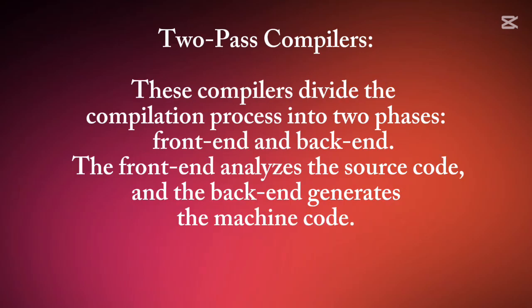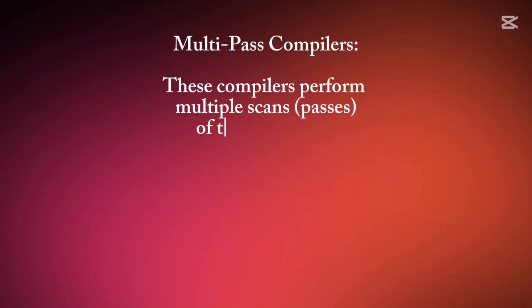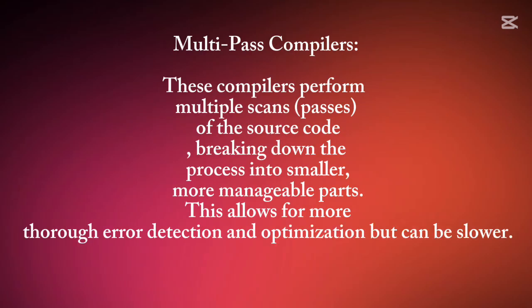These compilers divide the compilation process into two phases: front-end and back-end. The front-end analyzes the source code, and the back-end generates the machine code. Multi-pass compilers. These compilers perform multiple scans, or passes, of the source code, breaking down the process into smaller, more manageable parts. This allows for more thorough error detection and optimization but can be slower.